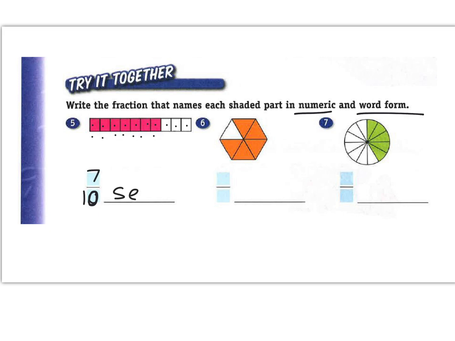So this we would write as 7/10. Number 6, how many pieces do we have? 1, 2, 3, 4, 5, 6. And then the ones that are shaded orange, 1, 2, 3, 4, 5, 5 out of 6. So we would write 5/6.